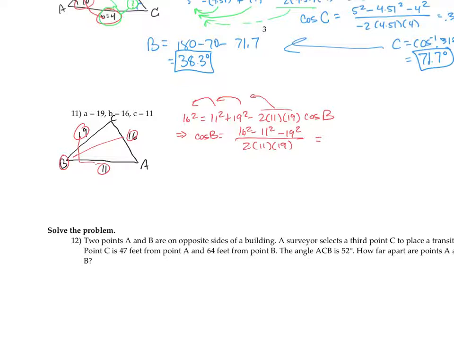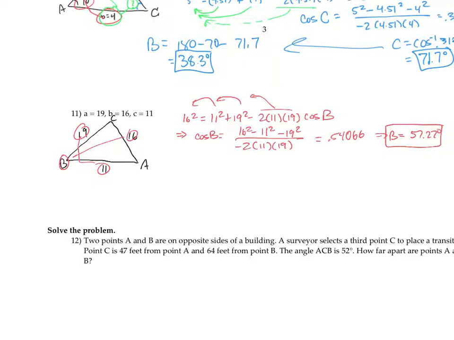And that should be negative, actually. And that's roughly 0.54066. Cosine inverse of that means that B is equal to 57.27 degrees.